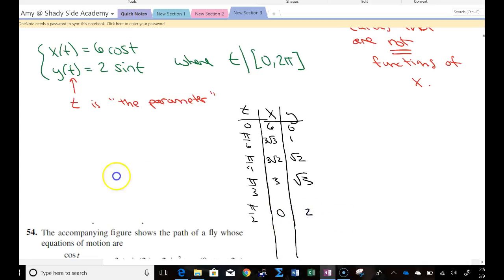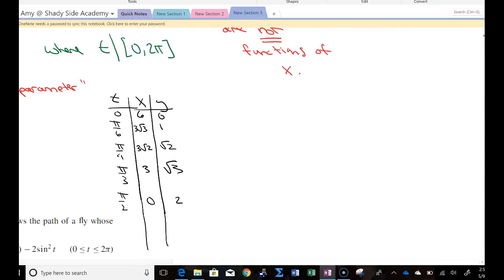Okay, here's what we're going to do. When you sketch a curve parametrically, you'll notice something. When you sketch this, you still have the x and y axis. Notice there is no t-axis, okay? I'm going to sketch these points here with reasonable accuracy. This is the point 6, 0, okay? 3 radical 3, 1. I'm going to be roughly right around here, okay?